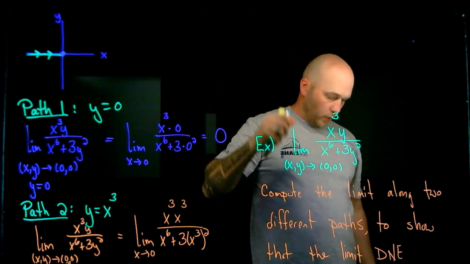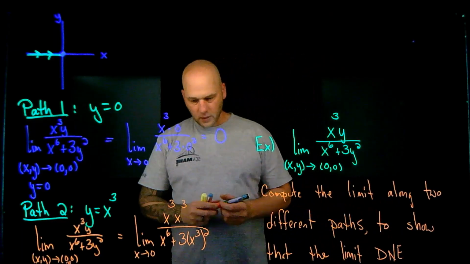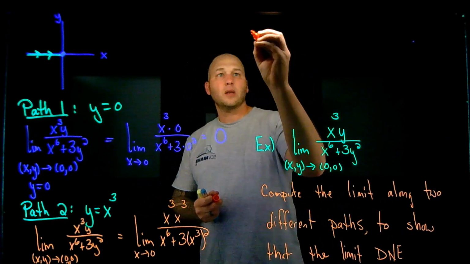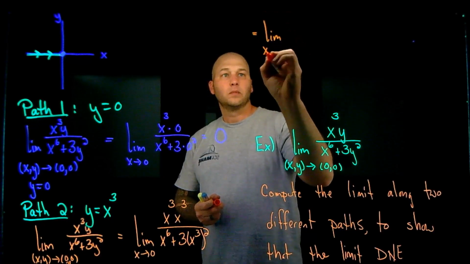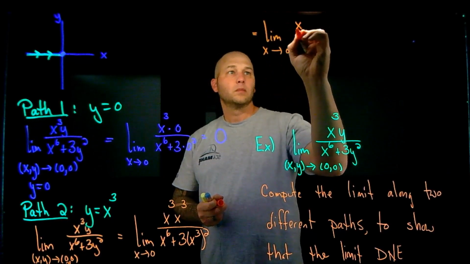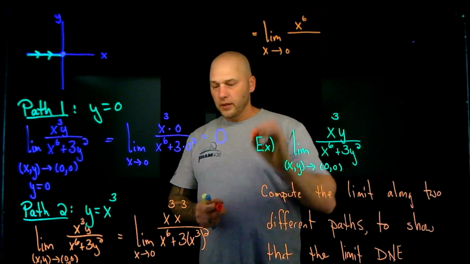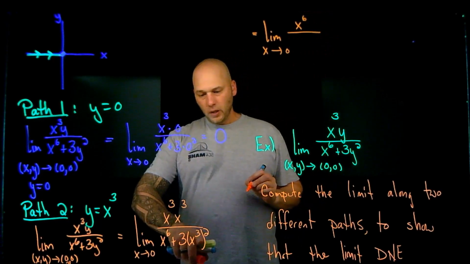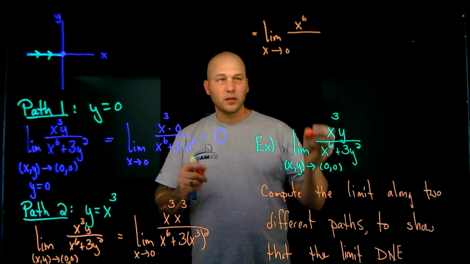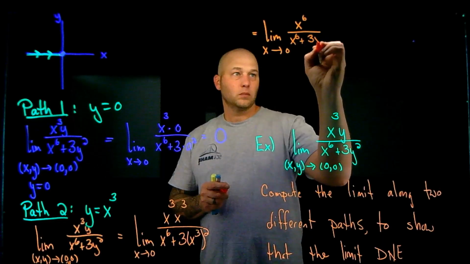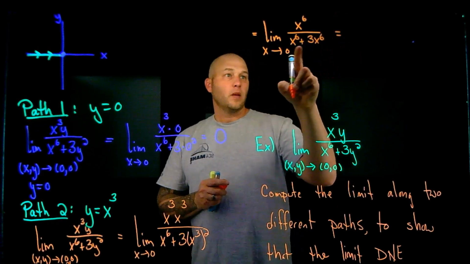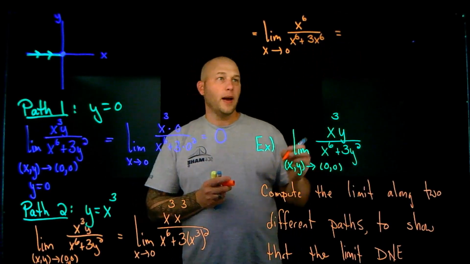All right, in the numerator, notice I've got x to the third times x to the third, which would be x to the 6th. And then in the denominator, x cubed squared would be x to the 6th. Therefore, the bottom is 4x to the 6th.